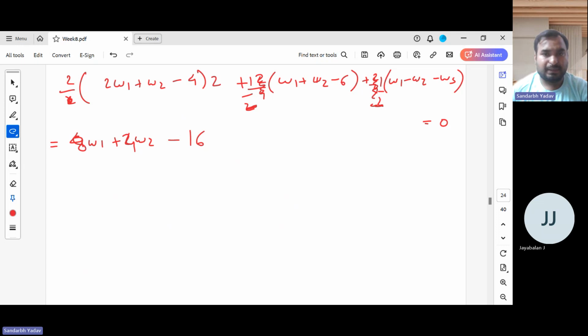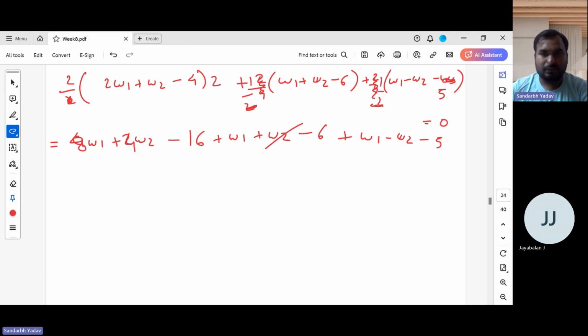This will be simply W1 plus W2 minus 6. And this will be minus W1 minus W2, and what was this? This was 5, not W5, minus 5.